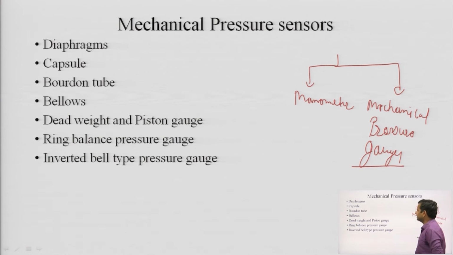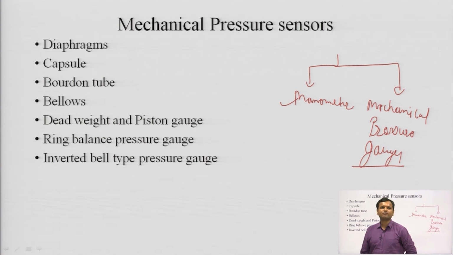We have seen about the manometer, what the various types of manometers are and the different classifications of manometer. The second category of pressure sensor is the mechanical pressure sensors, which includes both wet gauges as well as elastic pressure measurement.